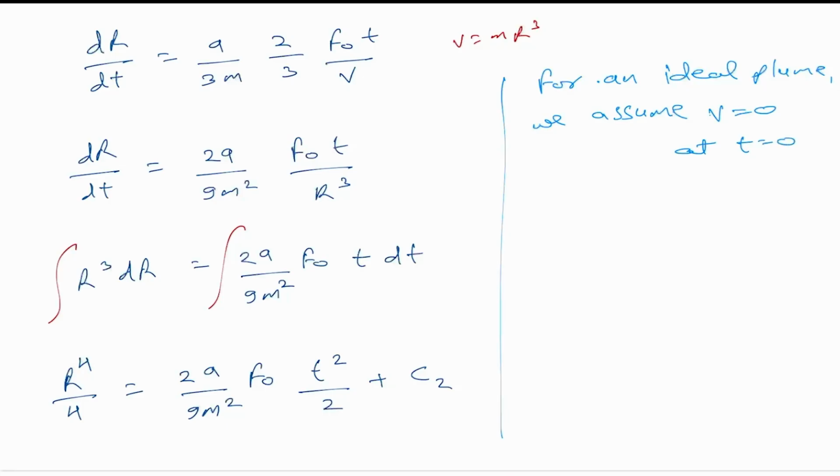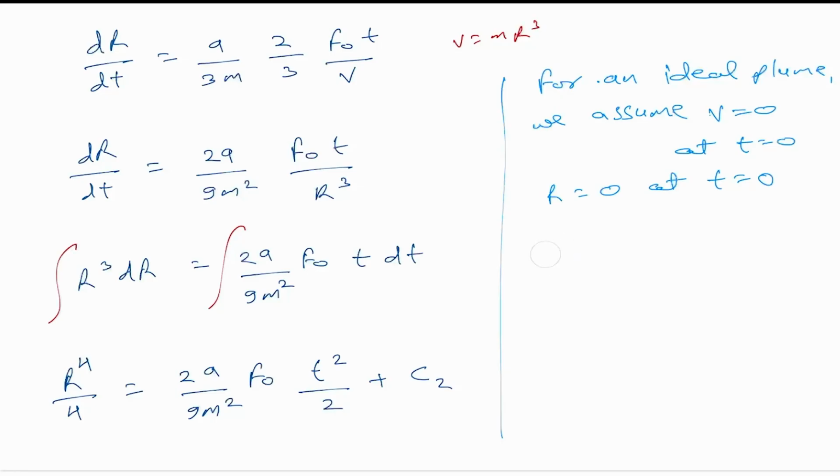In the same way, if v is 0, r can be considered 0 at t equal to 0. This is for an ideal plume, where you only have buoyancy. So basically zero radius, zero volume, but infinite reduced gravity. So by applying this condition, we get from this equation c2 is equal to 0.